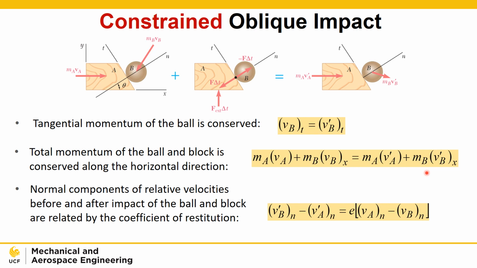Also, the normal components of the relative velocities of the ball and the block before and after the impact are related by the coefficient of restitution. Therefore, we can write vB'n minus vA'n is equal to e, the coefficient of restitution, times vAn minus vBn.